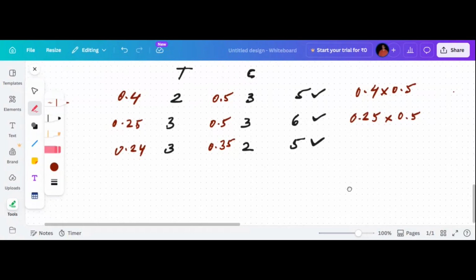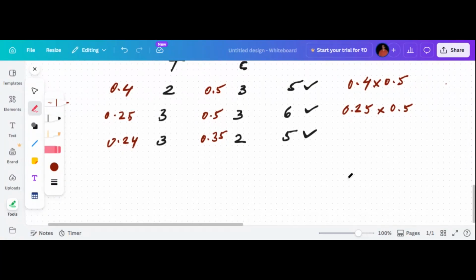And the probability that Tom wins 3 and Clara wins 2 is 0.25 into 0.35.